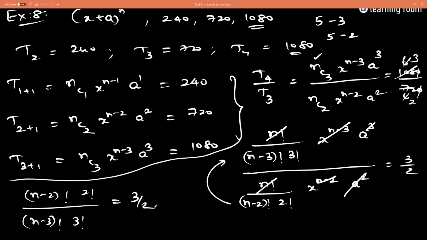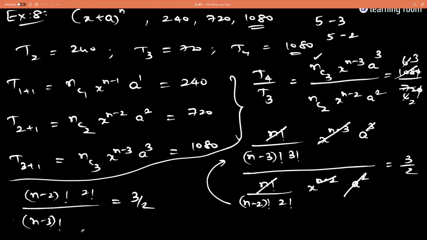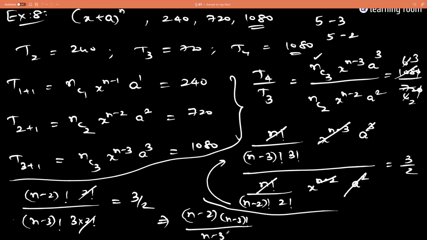So 3 factorial, can I write it as, see, just to avoid some steps, I'm writing it here. This should be done in mind, okay, with practice. 3 factorial can be written as 3 into 2 factorial, and 2 factorial and 2 factorial are gone. So n minus 2 factorial can be written as n minus 2 into n minus 3 factorial, divided by n minus 3 factorial into 1 divided by 3, is 3 by 2.